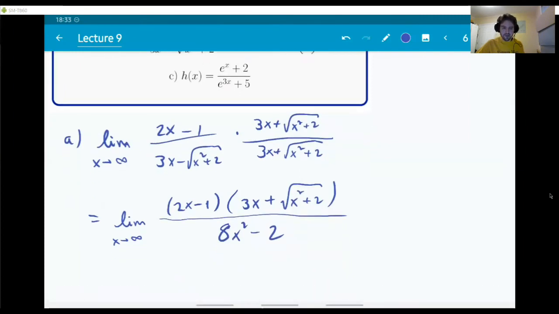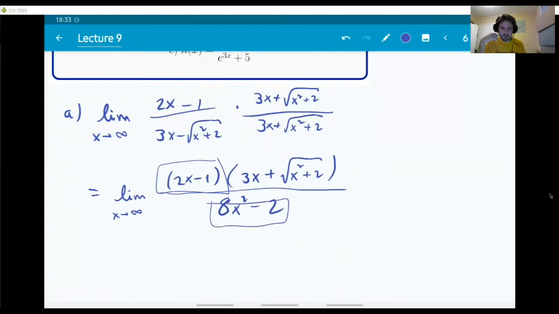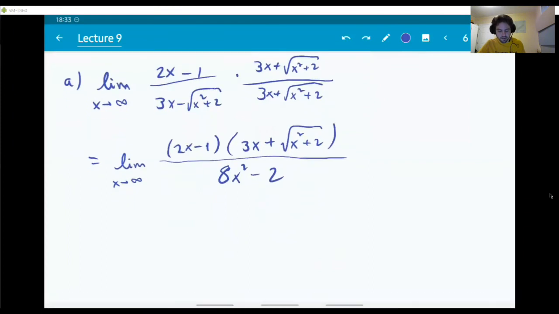What are we going to do with this? Well, we still need to do some form of simplification. It's usually the case that the term that does not have the square root in the numerator is the one that's going to simplify with the one downstairs. You just have to realize how 2x minus 1 is a factor of the downstairs.